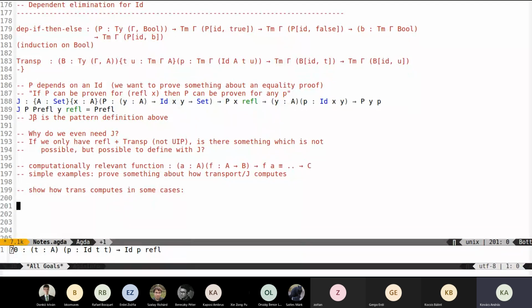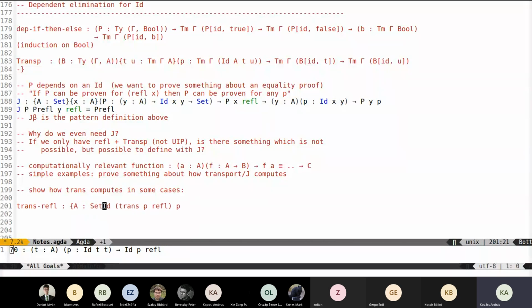So I can show that if I have a trans of P and a refl, and I want to prove that this is the same thing as P, for example. So I want to show this.